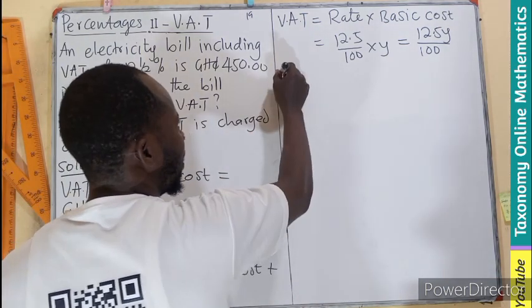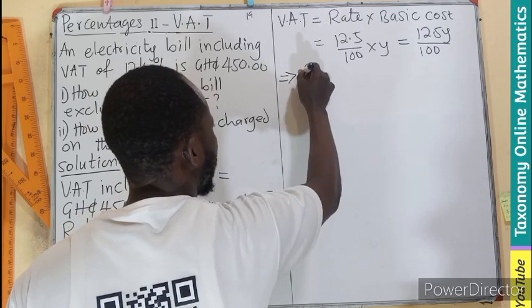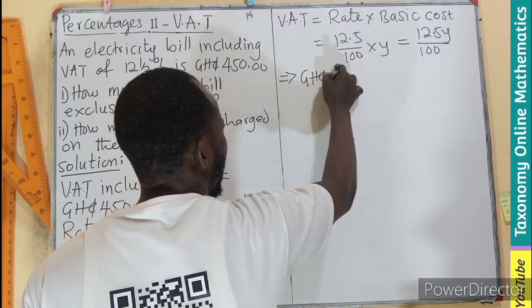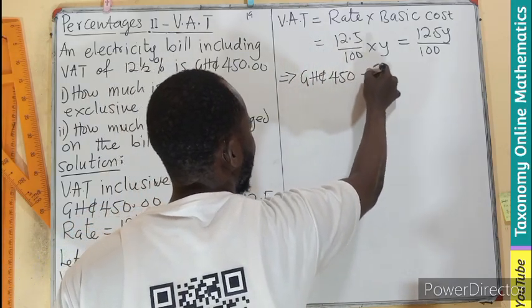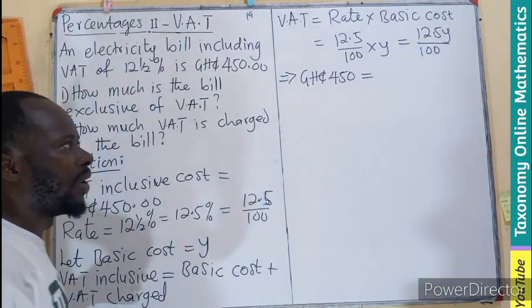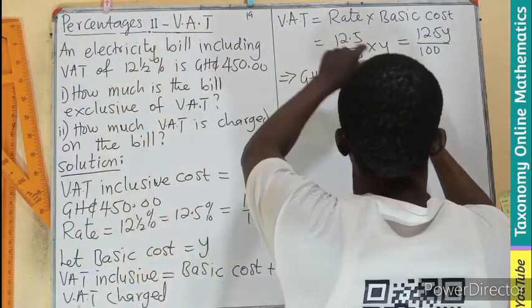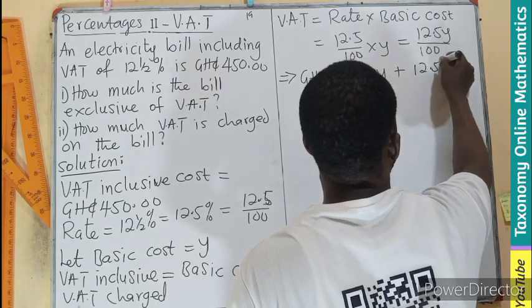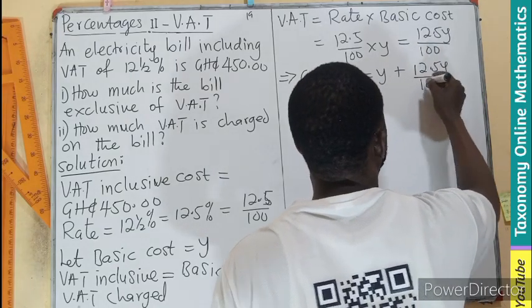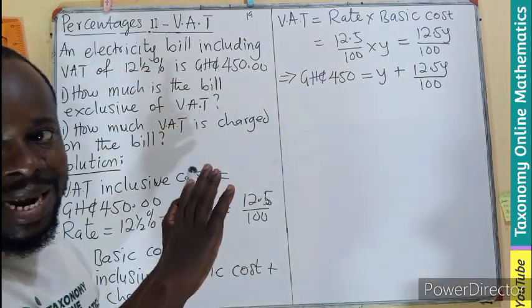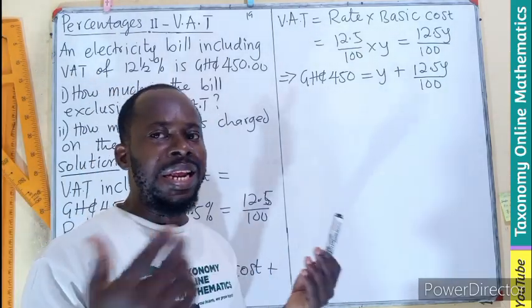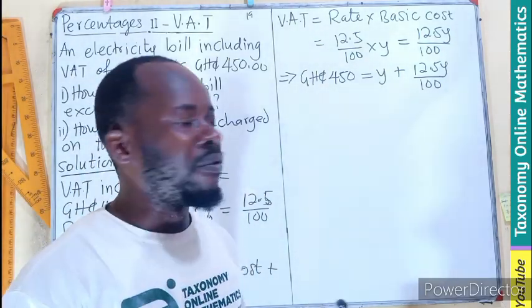So this simply implies that the VAT inclusive, 450 Ghana cedis, should be equal to the basic cost, which is Y, plus the VAT charge, which is 12.5Y divided by what? 100. So looking at that, that is also giving you a linear equation that involves fractions.